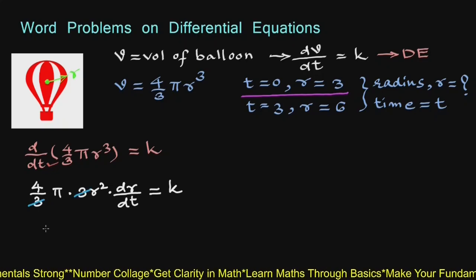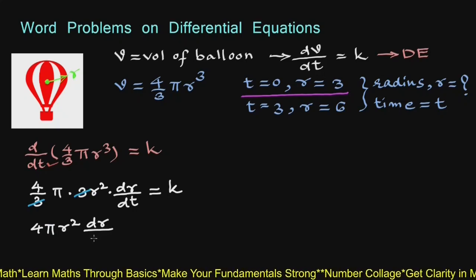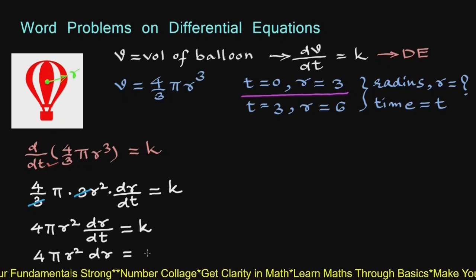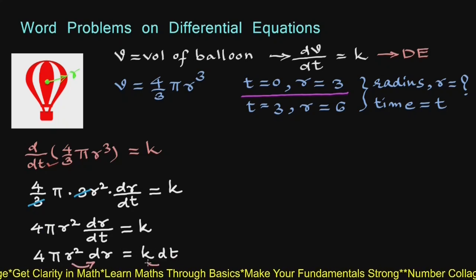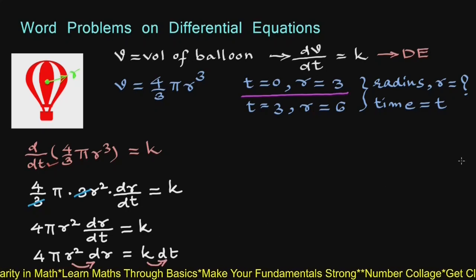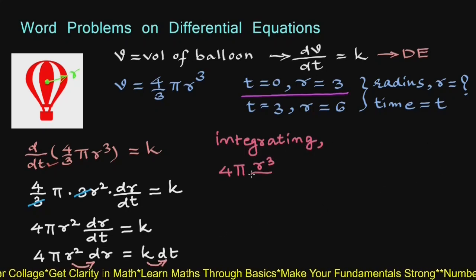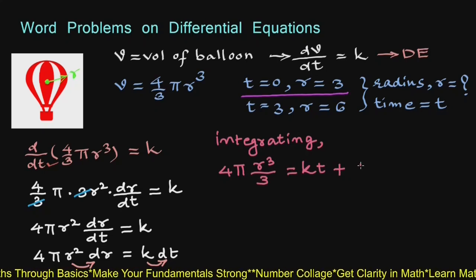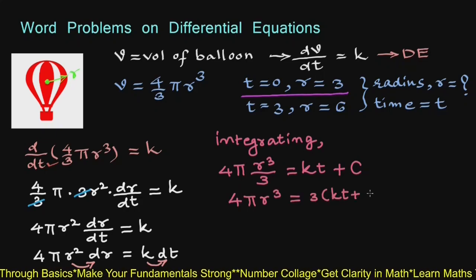Cancelling 3, this will be 4 pi r square dr by dt equals k, which is 4 pi r square dr equals k dt. Function of r with dr and constant with dt, variables have been separated. Now integrating, 4 pi r cube upon 3 equals kt plus constant of integration c. 4 pi r cube equals 3 times (kt plus c).